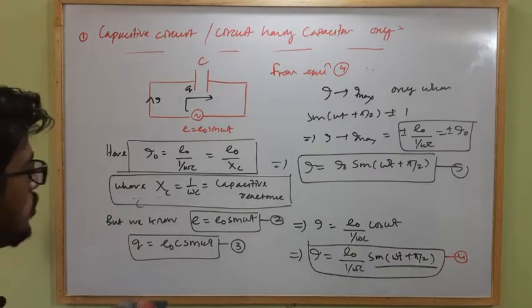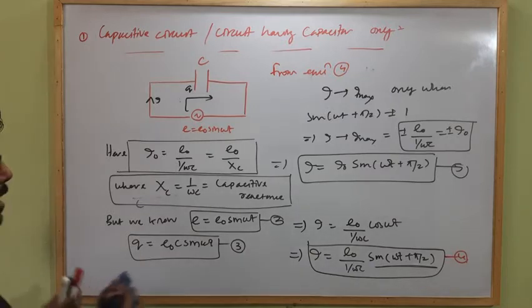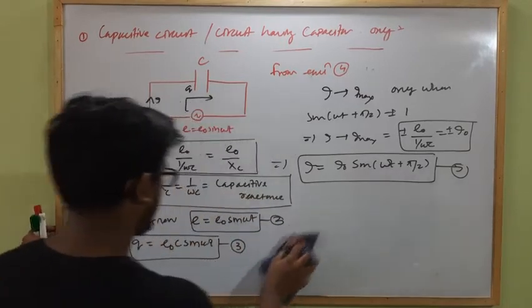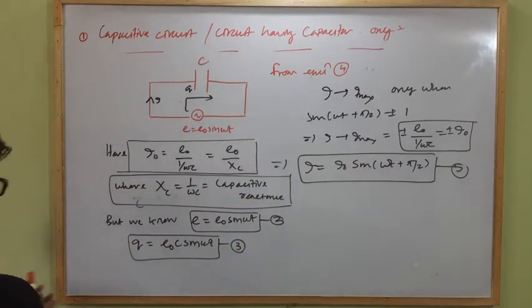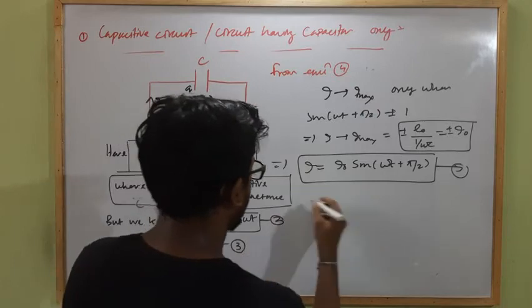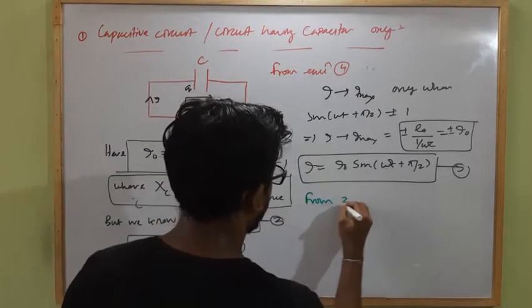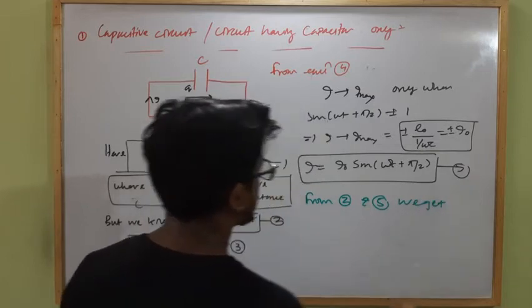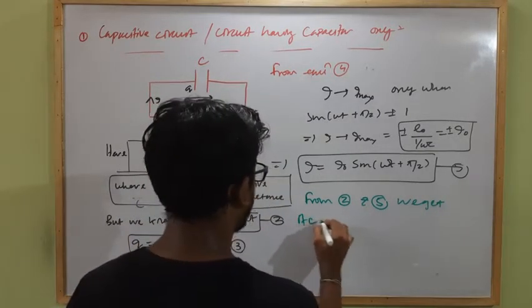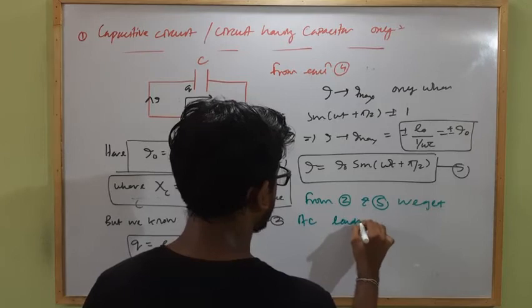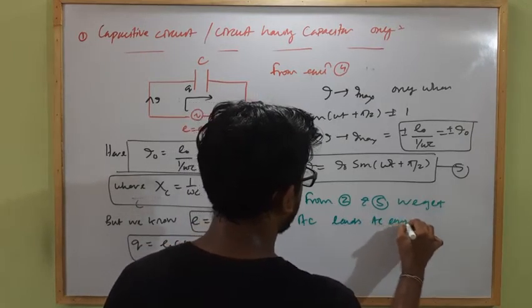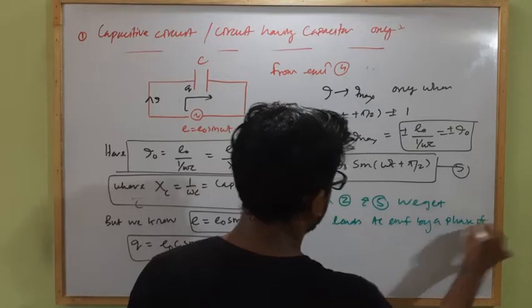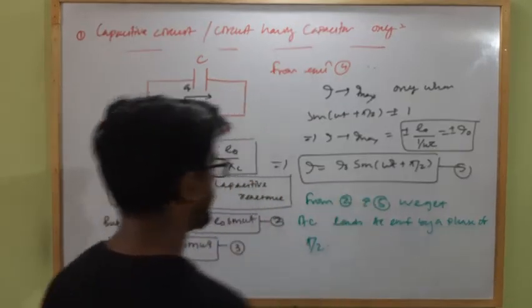From equations 2 and 5, we get alternating current leads alternating EMF by a phase of pi by 2.